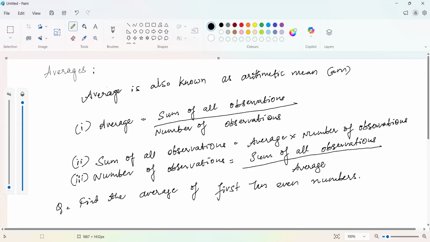You can directly find the numbers, because even numbers I think you know what are the various values required. When you add them and then divide by 10. The first 10 even numbers start with 2, 4, 6, 8 up to 20. So add all of them and then divide them by 10.